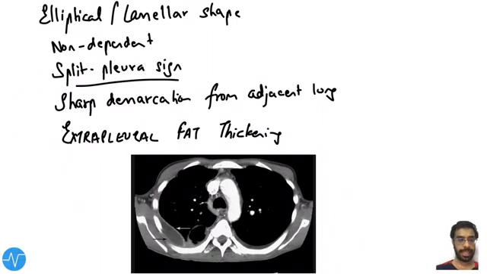Here you can see the black and the white arrow is pointing to the pleura, which is hyperenhancing, meaning the opaque white line on both sides. Pleura is seen and between is the fluid. Therefore, fluid is split in the pleura and both sides of pleura can be visualized, which is the split pleura sign.